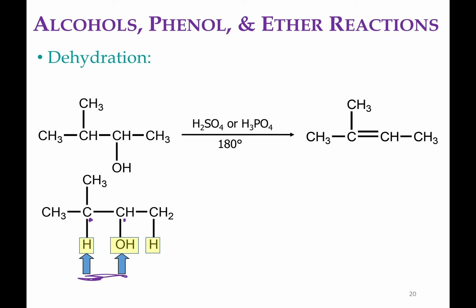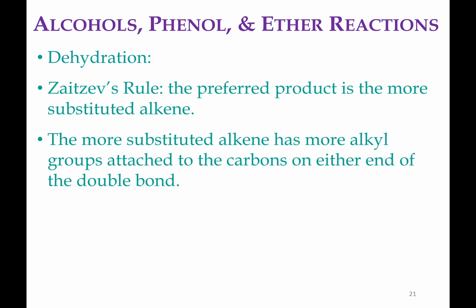But we have that other option of taking the hydrogen to the right, the terminal one, and getting this double bond out at the end. So which one is going to be favored? Well, Saytzeff's rule says that the preferred product is going to be the more substituted alkene.